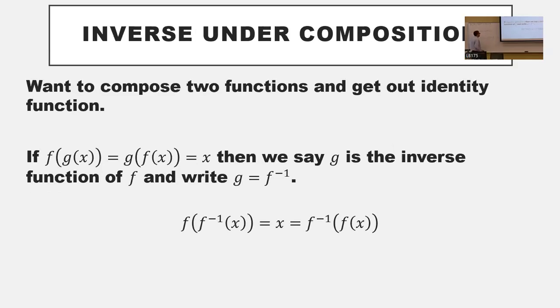Now, this leads us to the concept of a function inverse. When we talk about a function inverse, we're talking about the inverse under function composition. So imagine I have a function f of x.